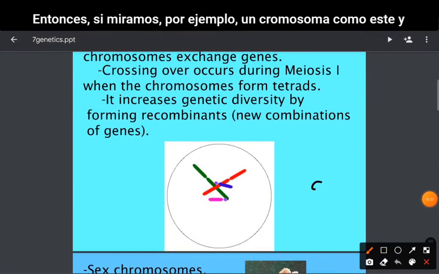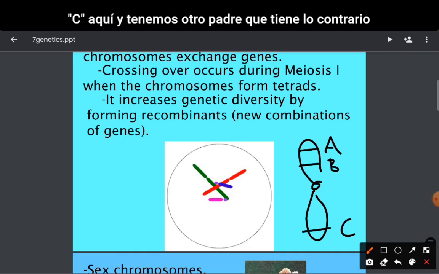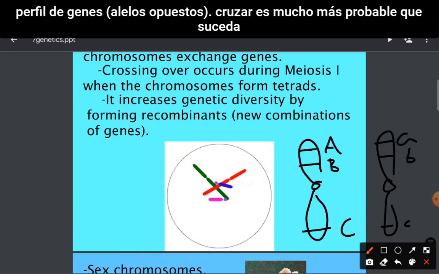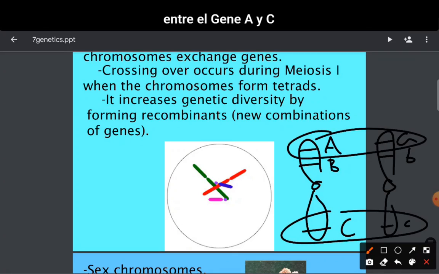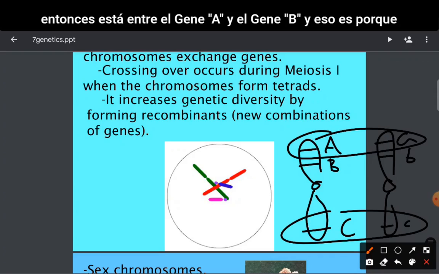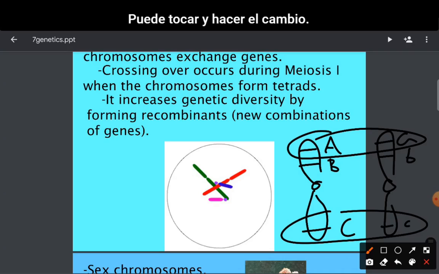So if we look at, for example, a chromosome like this, and we have gene A here and gene B here, and then we have gene C here. And then we have another parent who has the opposite profile of genes. Crossing over is much more likely to happen between gene A and C than it is between gene A and B. And that is because there's more places between gene A and C where those chromosomes can touch and make the switch.